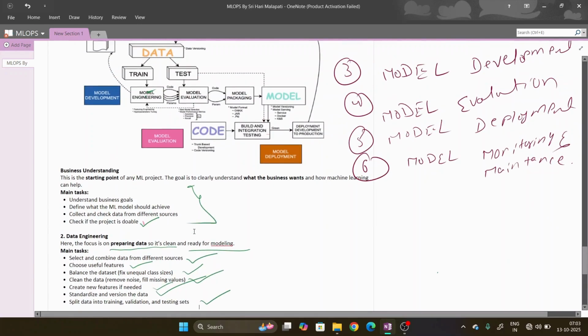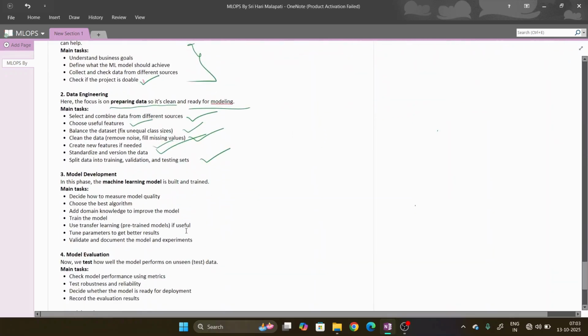Third one is model development. Here the machine learning model is built and trained. Decide how to measure model quality, choose the best algorithm, add domain knowledge to improve the models, train the models, use transfer learning if usable, tune parameters to get better results, validate, document the model and experiments.